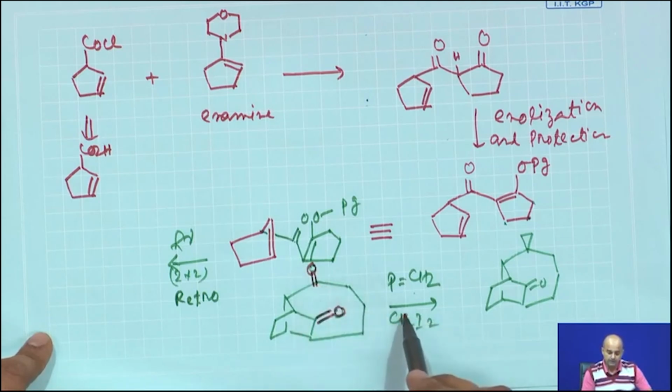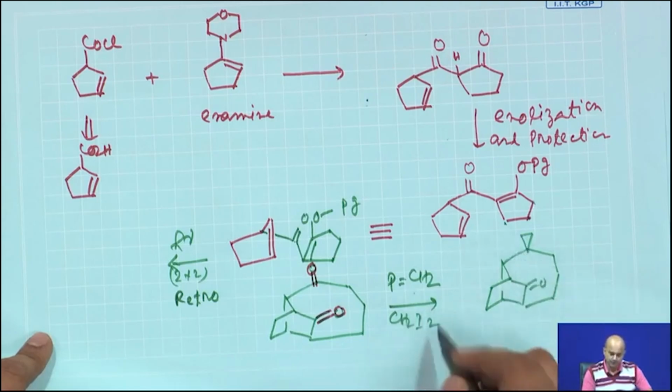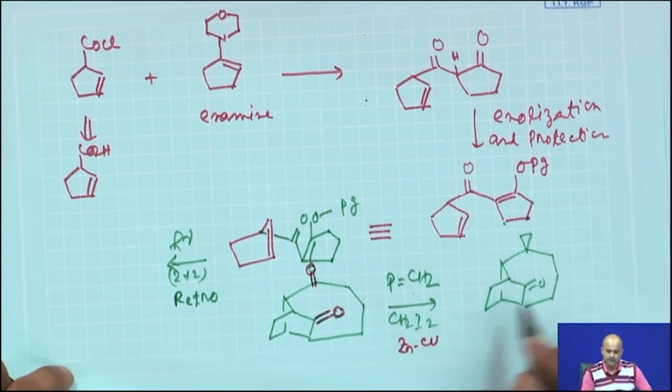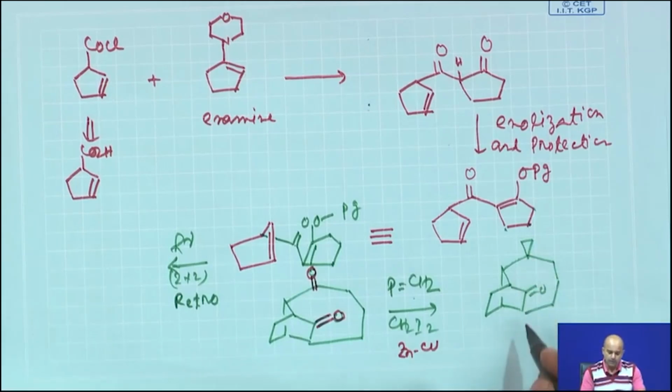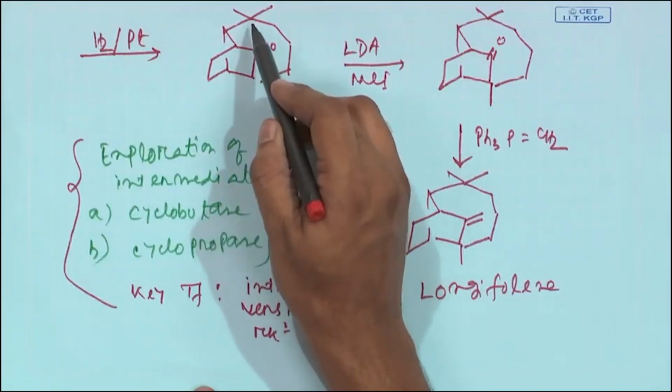You do a Wittig reaction here first to get the double bond, then you do a Simmons-Smith with CH2I2 and zinc copper couple. Then you get another overbred. This overbred is again cleaved with hydrogen and platinum to give you the gem dimethyl.